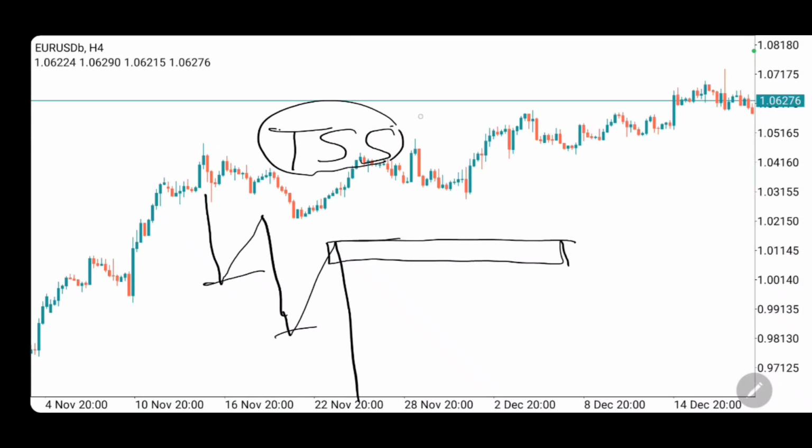The turtle soup short is a false breakout above a supply zone, whereby the liquidity is being taken out. In this case, they were expecting the price to come to this zone, give us some entry confirmations and sell.